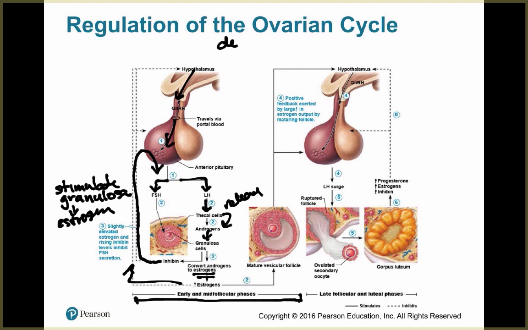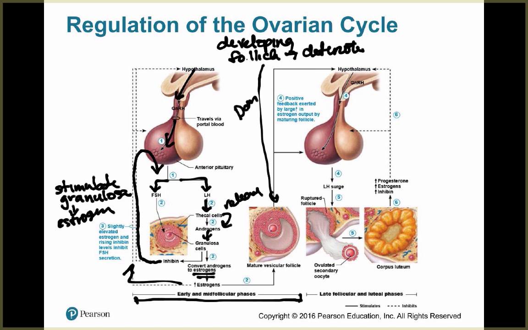At this point, when this happens, the developing follicles will start to deteriorate, except for the dominant follicle. The dominant follicle can withstand the FSH dip.